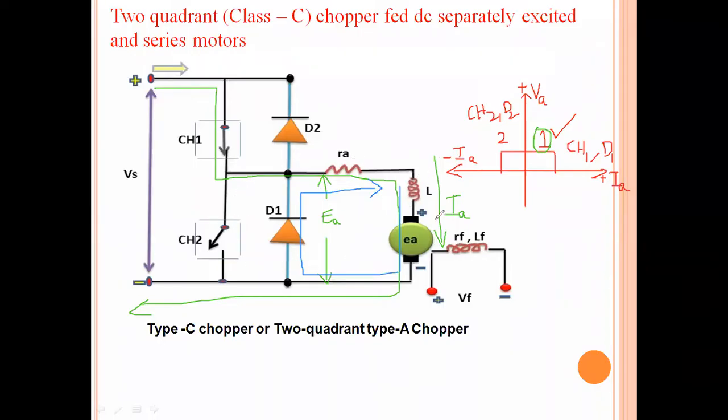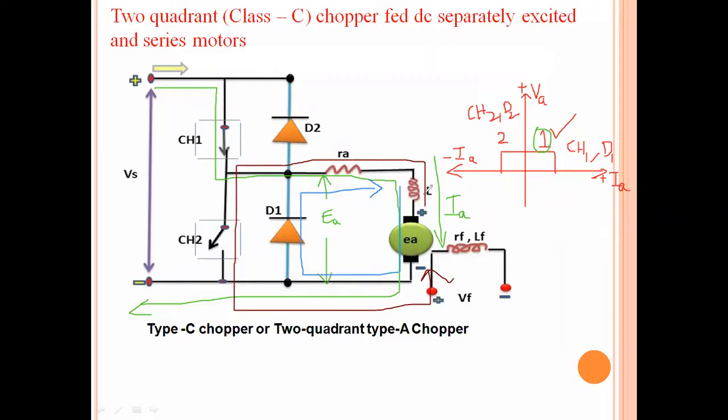When switch 2 is on, then the energy which is present in the inductor will come in this way, which is the opposite direction. So the current will be like this: inductor LA to RA, RA to CH2, CH2 to motor EB.